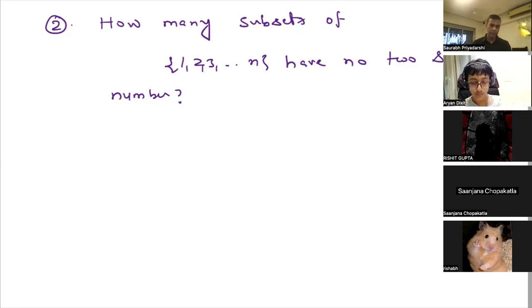Just 1 second. Very good, Rishabh. Sir, whenever I see two successive, at first my mind goes to recursion only. Very good. Good thought process.